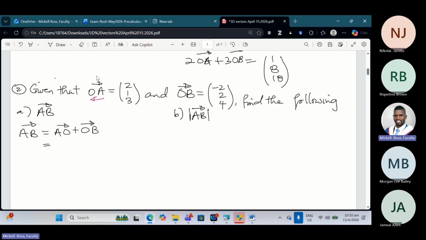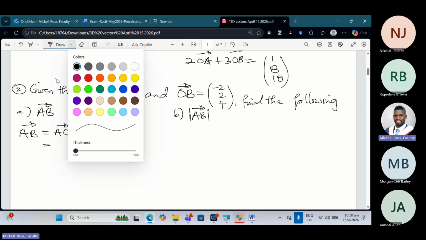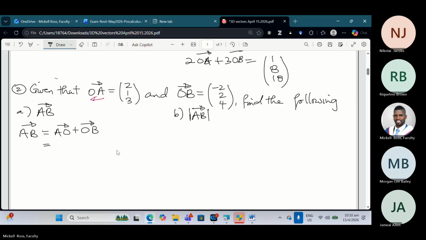So that means once we're going in the opposite direction of the vector, what do you have to do? Think about it. Once you're going in the opposite direction of the vector, what do you do with the vector? You take the negative of the vector. Yeah, that's what I mean by invert.